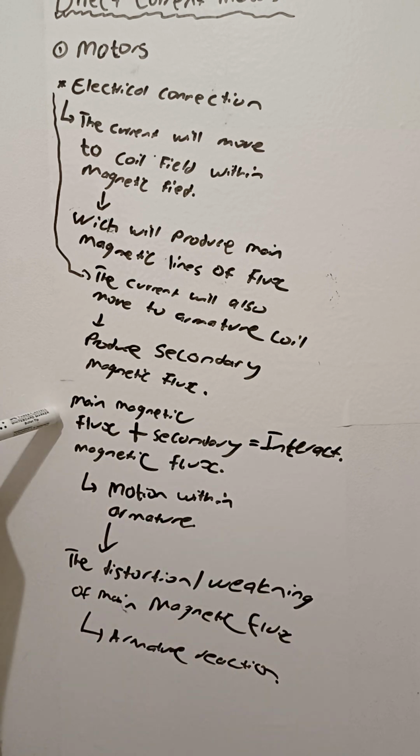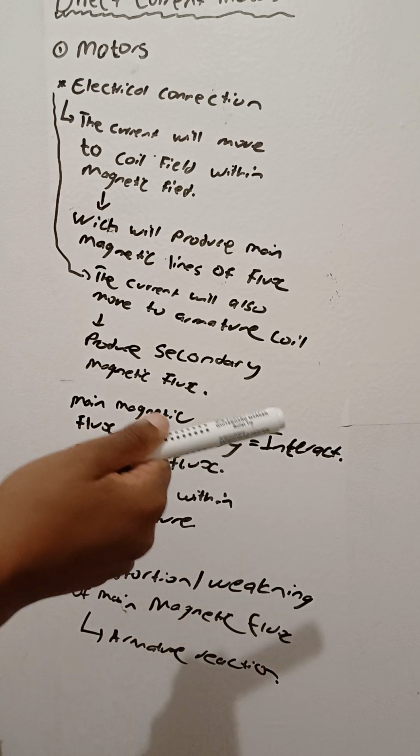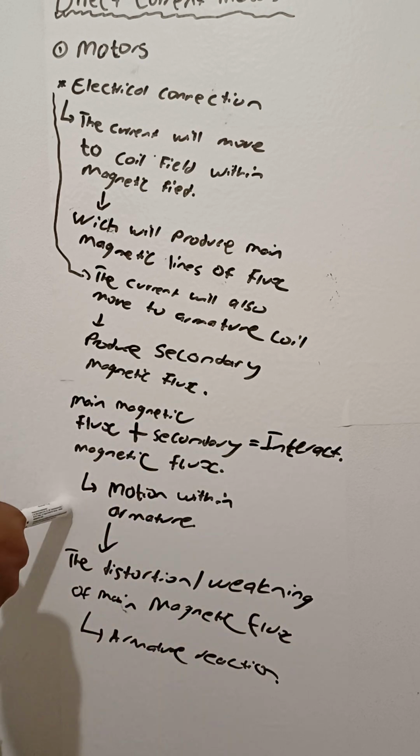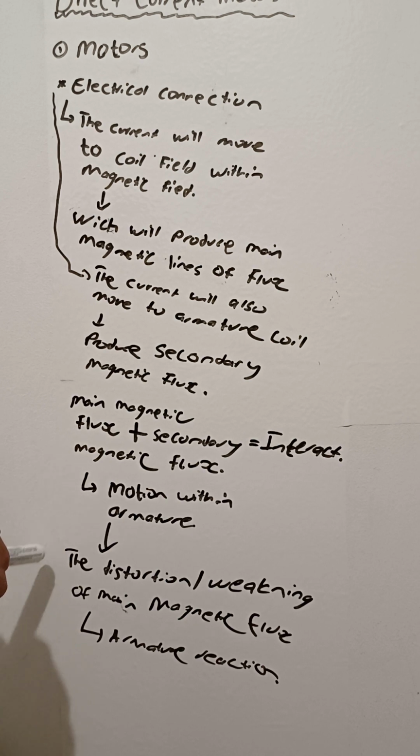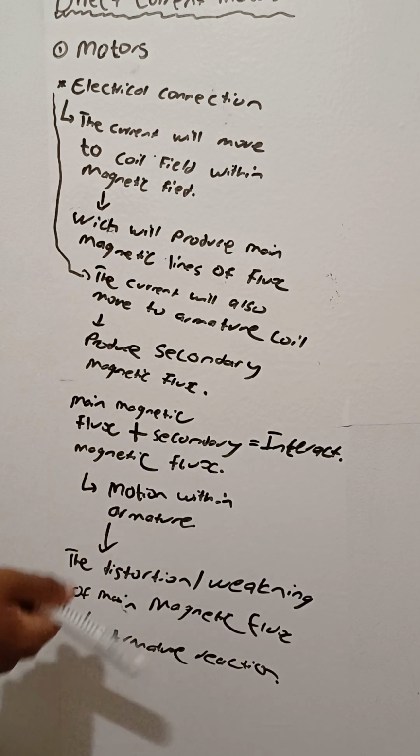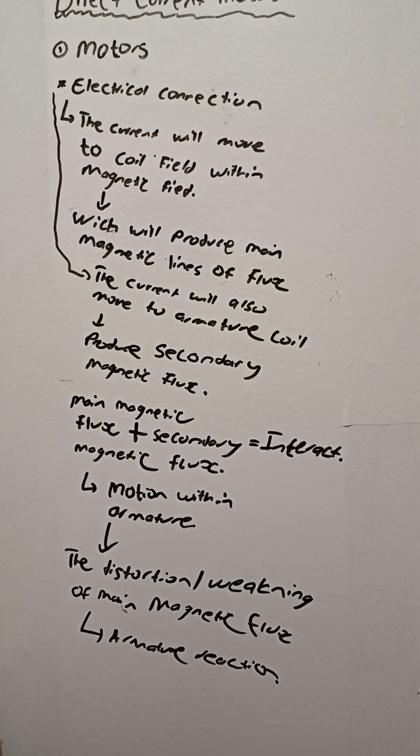So the main magnetic flux and the secondary magnetic flux will interact, and when they interact they will create motion within the armature, and that motion within the armature will create the distortion or the weakening of the main magnetic flux, which is the armature reaction.